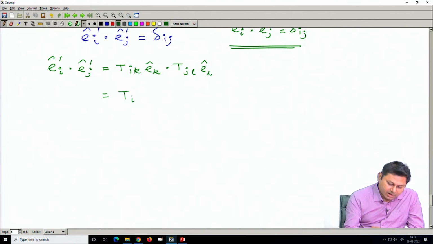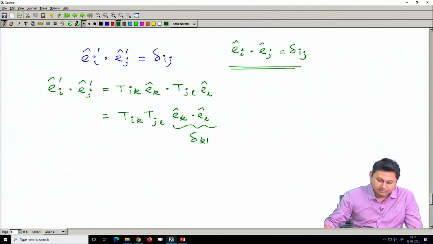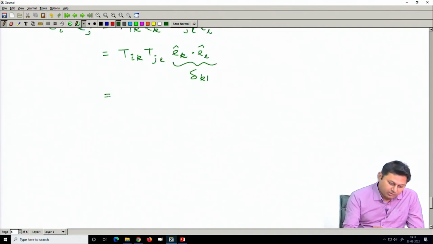I can now write T_ik T_jl and E_k dot E_l. Now this quantity is simply delta_kl because they again form an orthonormal basis. So if I use that, I simply have T_ik T_jl, these two matrix elements, multiplied by this delta.